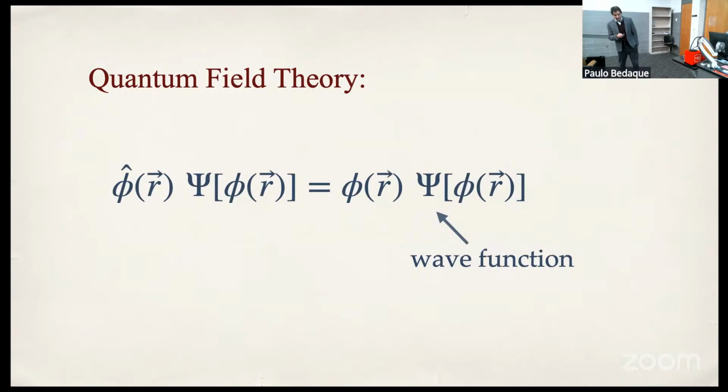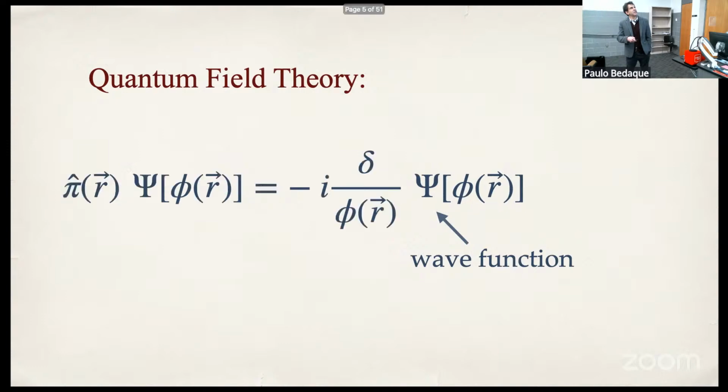So for example, you can hit this wave function with operators. Like, for example, there is a field operator that does what position does in quantum mechanics. There is a canonical momentum operator that's just like canonical momentum in regular quantum mechanics. So there is really nothing that's different from the usual formalism of quantum mechanics.